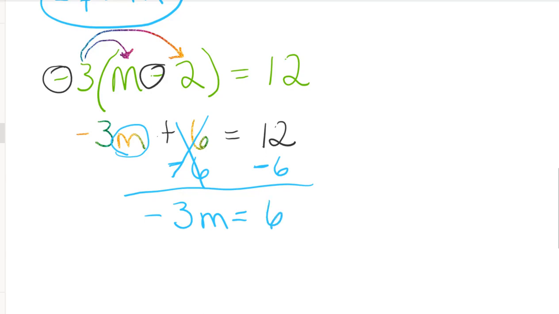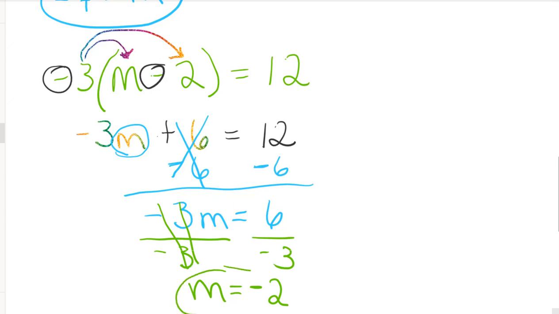And now we're going to divide. And when you divide, you have to take the negative sign with it. So I divide by negative 3. And I get m equals 6 divided by 3 is 2. And it would be negative because when you're dividing, one sign is negative.